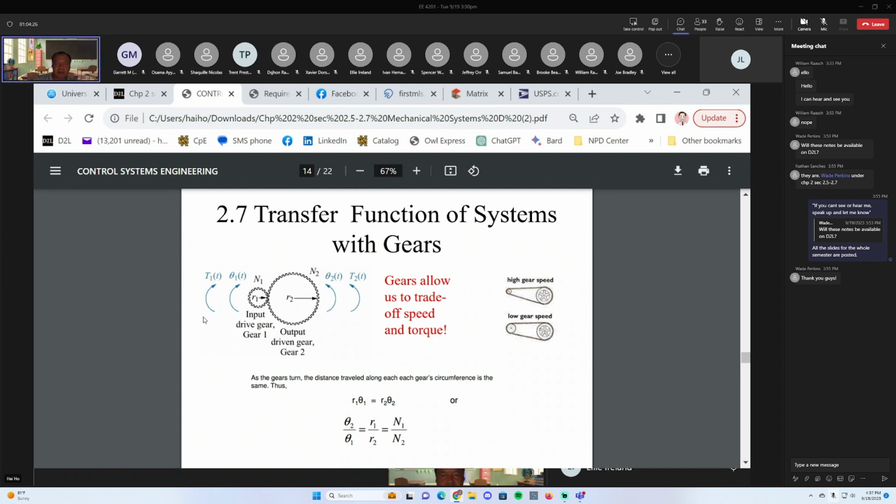So this diagram on the left is what the gear ratio is all about. You have one gear with N1 teeth, and a bigger gear that has N2 teeth. Or you can look at the radius of the small gear, call it R1, and of the big gear, R2.